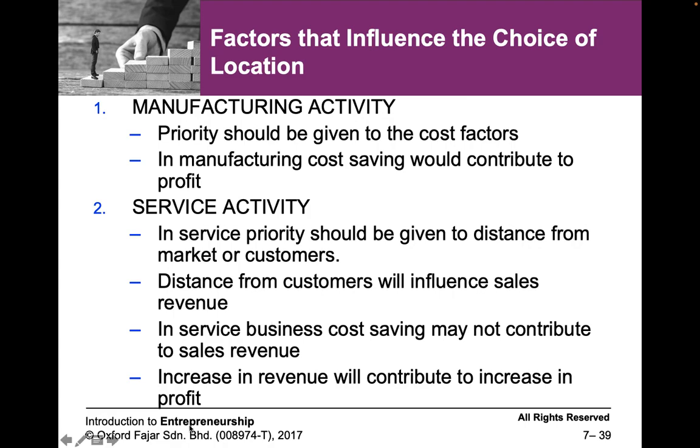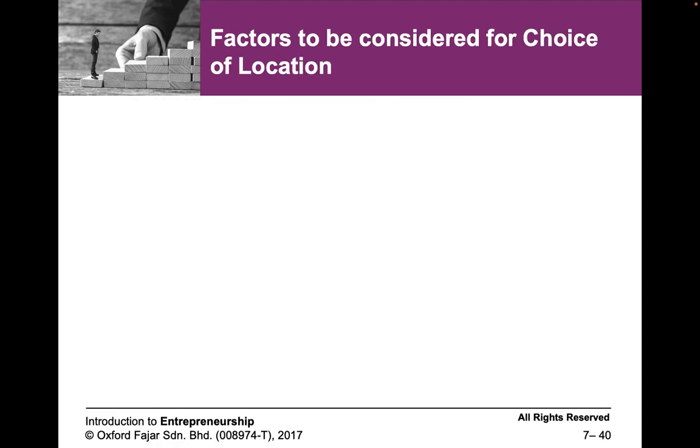The customer will opt for other alternatives, will go to the other competitor. So that's why service companies will try their best to have the location as near as they can to the customer, because service involves direct service given to the customer.